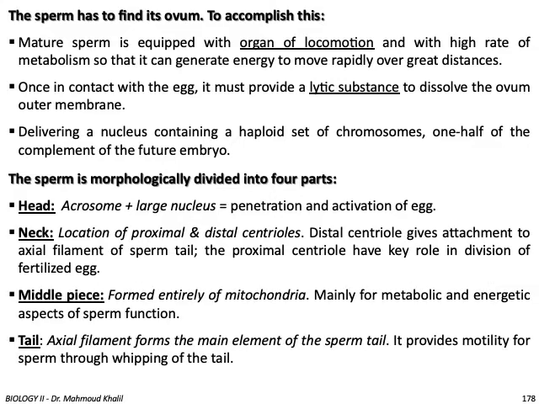Then a middle piece formed entirely of mitochondria, mainly for the metabolic and energetic aspects of sperm function. Then the tail, in which the axial filaments form the main element of the sperm tail. It provides motility for the sperm by whipping the tail.